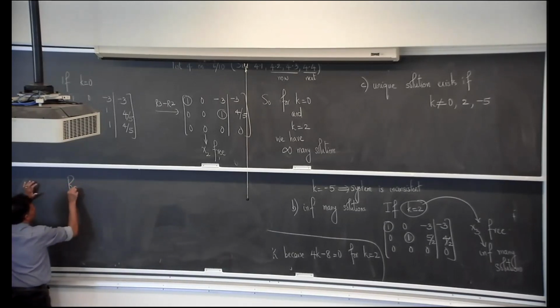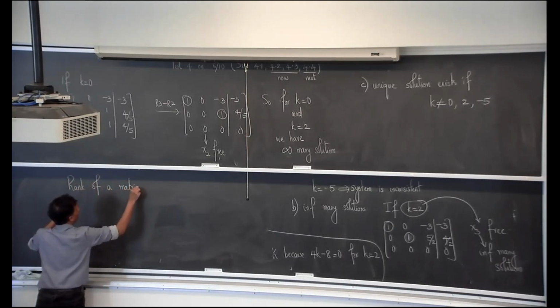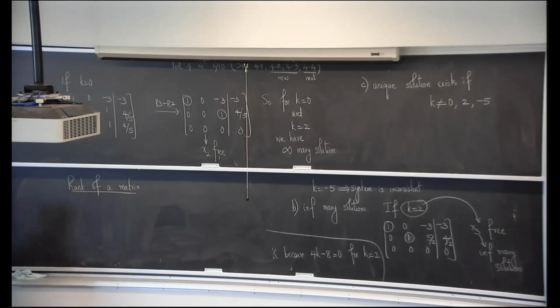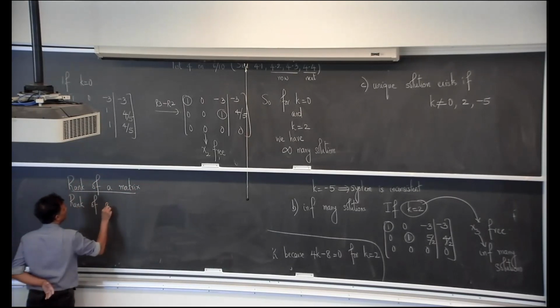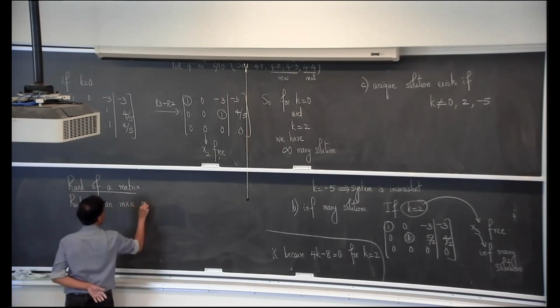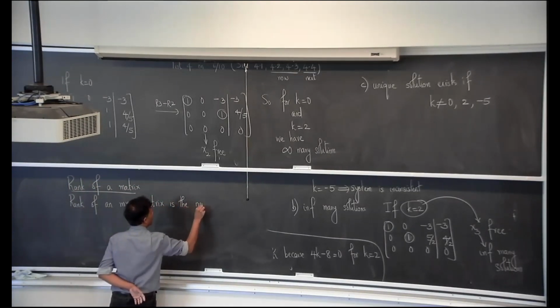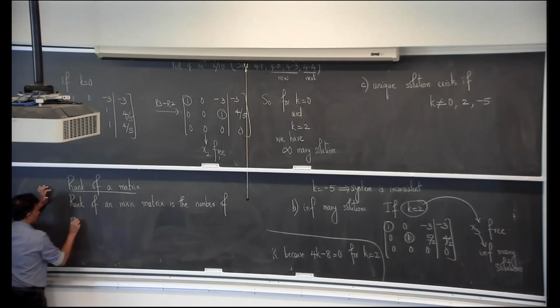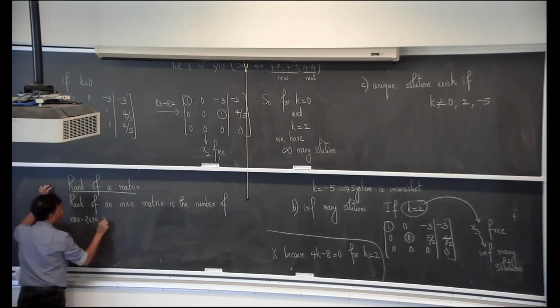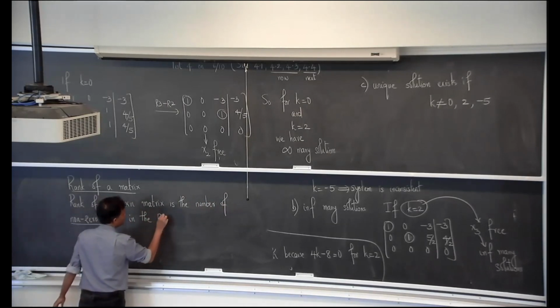The rank of a matrix. If you looked at the textbook, you probably saw this word and you were wondering, what is this? The rank of an m by n matrix is the number of, please write this carefully, number of non-zero rows in the REF or the RREF of the matrix.